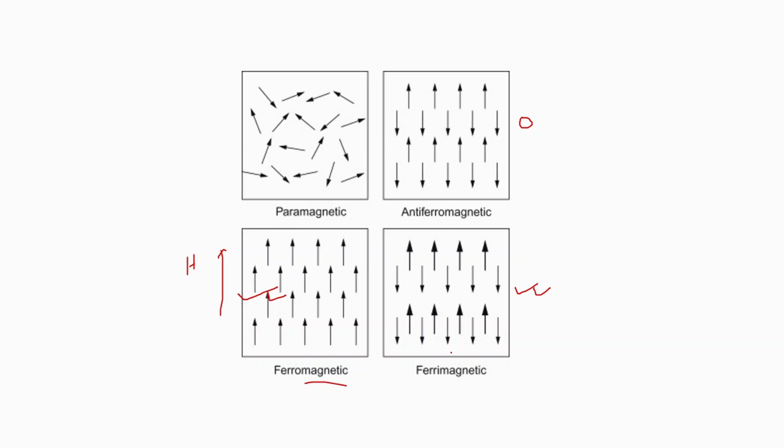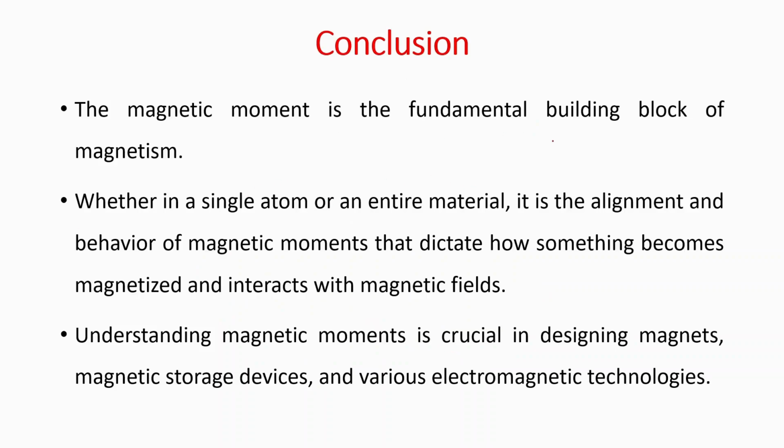So in conclusion, the magnetic moment is the fundamental building block of magnetism. Whether in a single atom or in an entire material, the alignment and behavior of magnetic moments dictate how something becomes magnetized and interacts with a magnetic field.